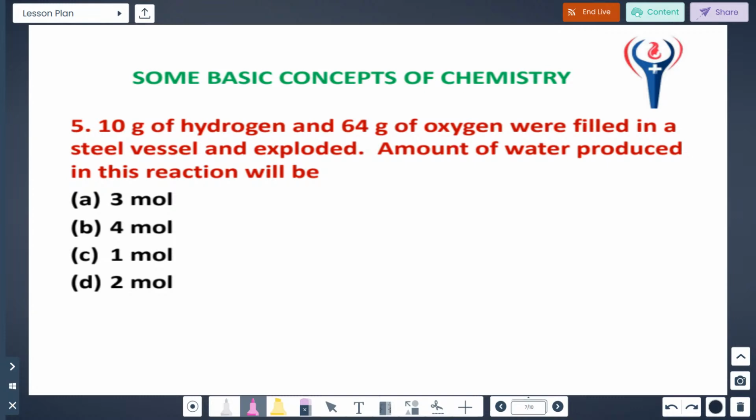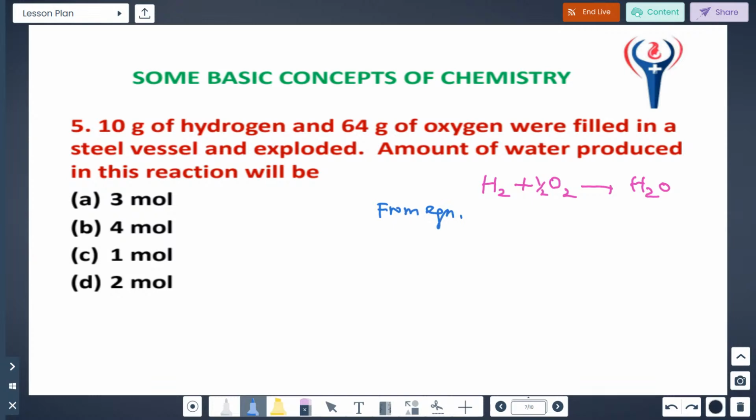So first I wrote the equation. H2 plus O2 gives the water molecule, H2O. If you want to balance, I put a half. From this equation we are getting some information.